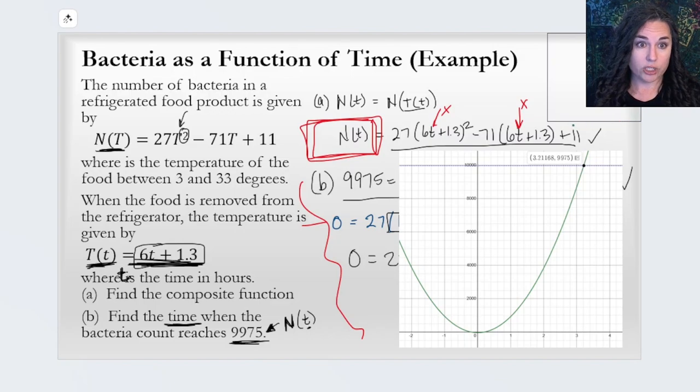Once I have this function, I plug it into Desmos, and it drew me this parabola. Then I drew the line y equals 9975, and when y equals 9975, it tells me the answer. I just read the answer off that graph.